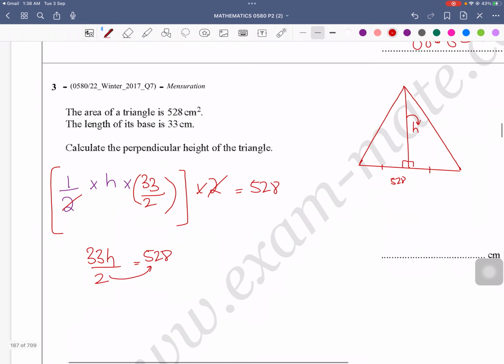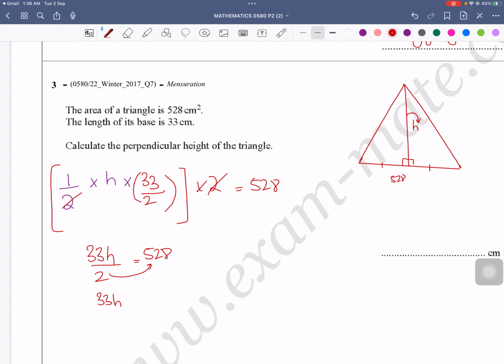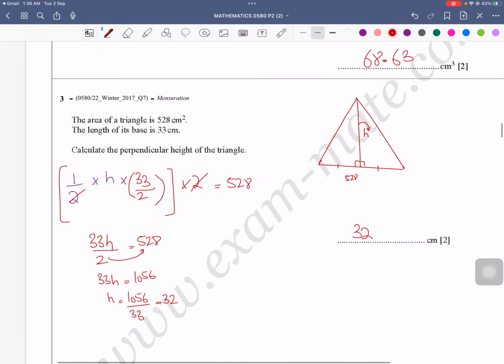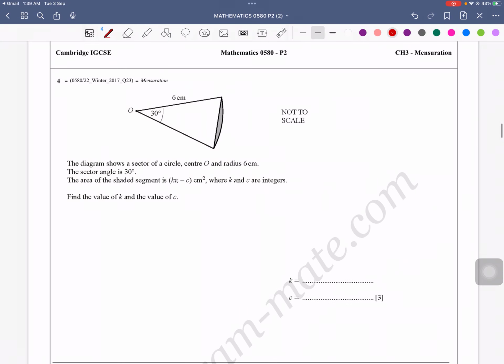This multiplies, this becomes 1056. We then divide by 33 and it becomes equal to 32. So this is our height, 32 centimeters. Remember, units are important, right?